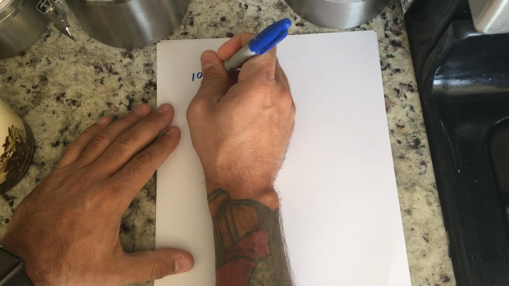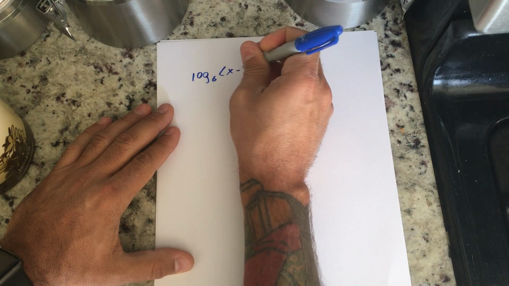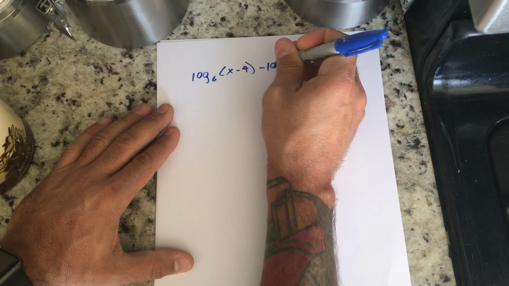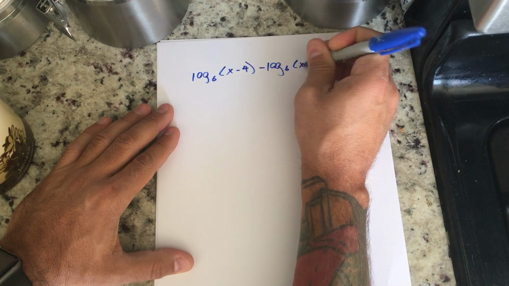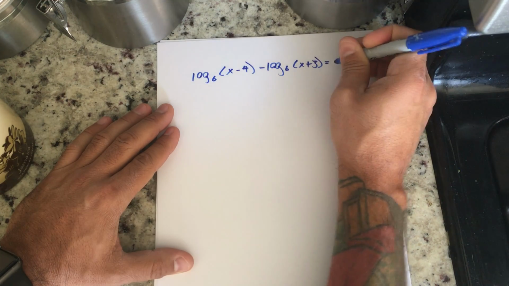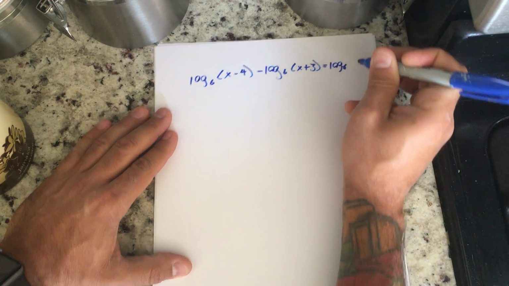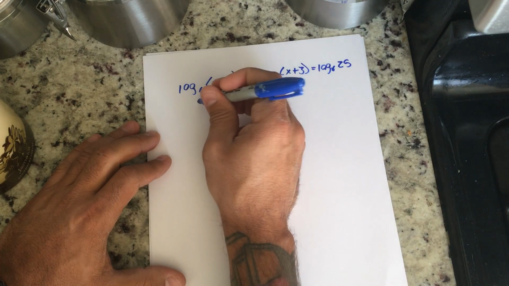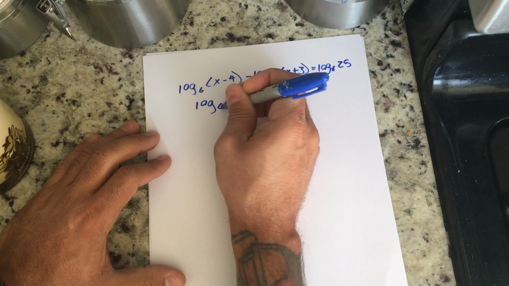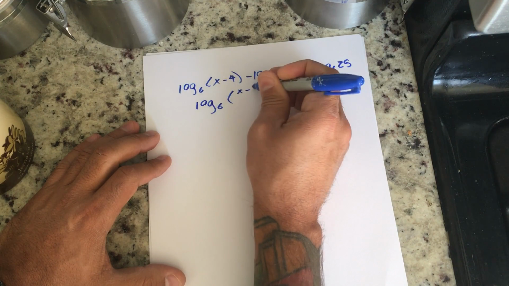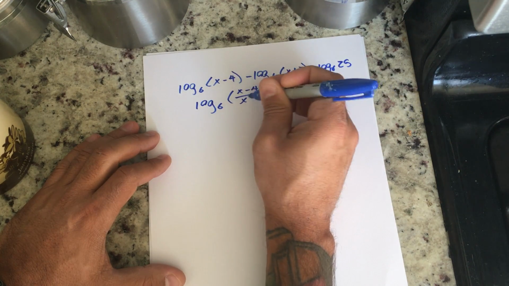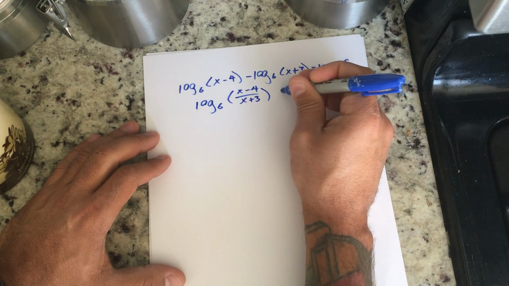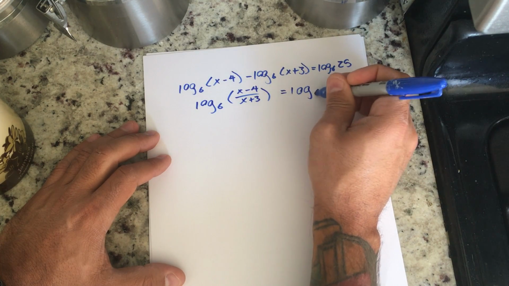14, log base 6 of x minus 4 minus log base 6 of x plus 3 equals log base 6 of 25. Subtraction, so it's going to be log base 6 of x minus 4 over x plus 3 equals log base 6 of 25.